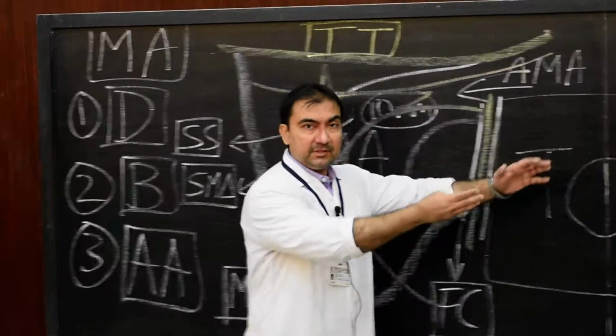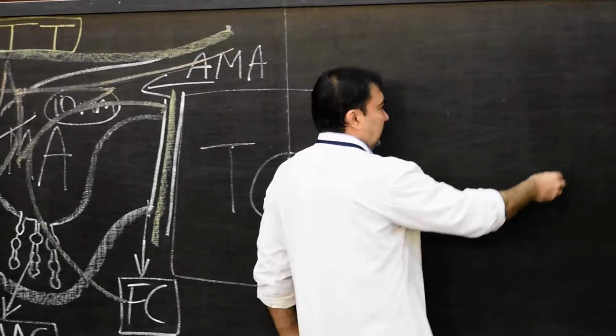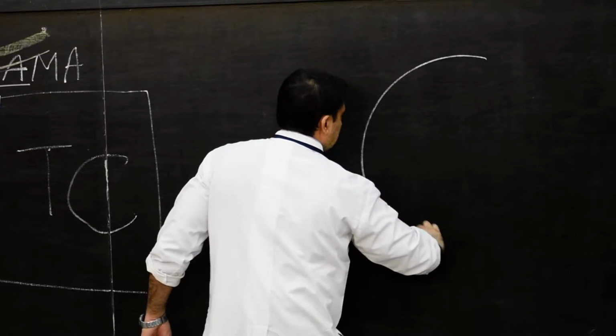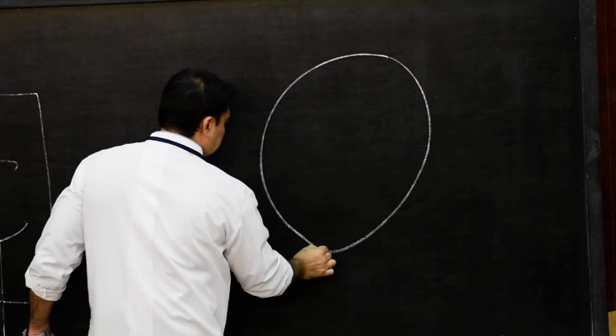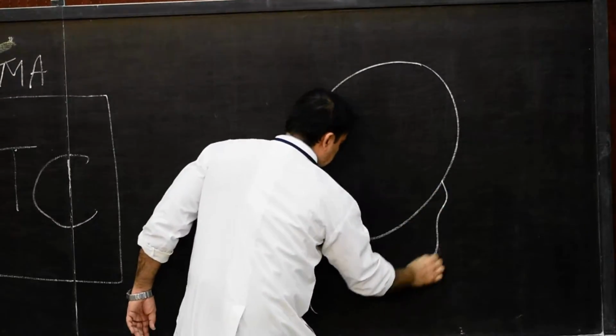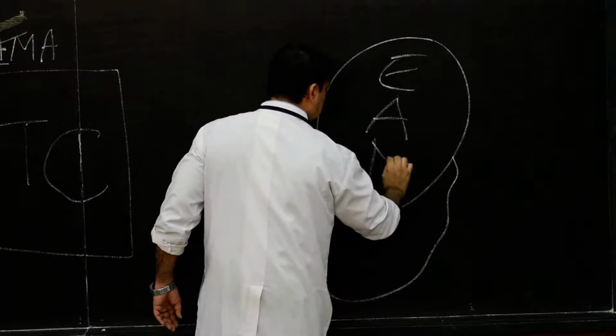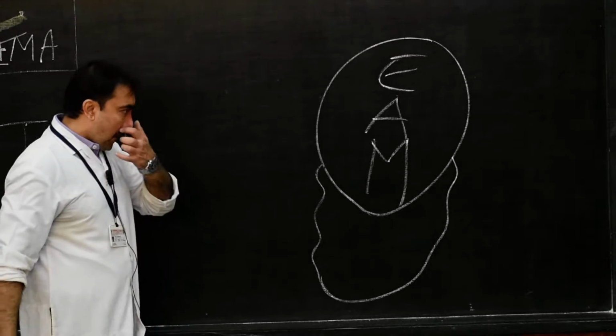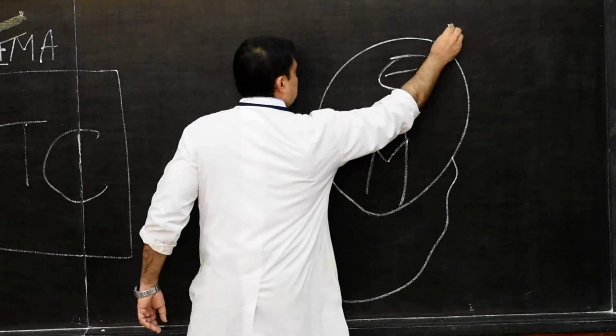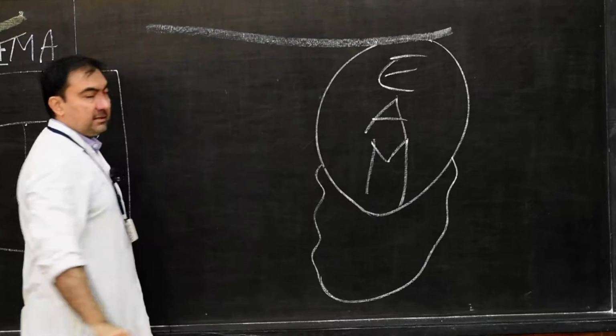For that, please come on this side, we shift on this side. Here first, this is the external acoustic meatus, posterior wall. Now superiorly, this is the supramastoid crest.